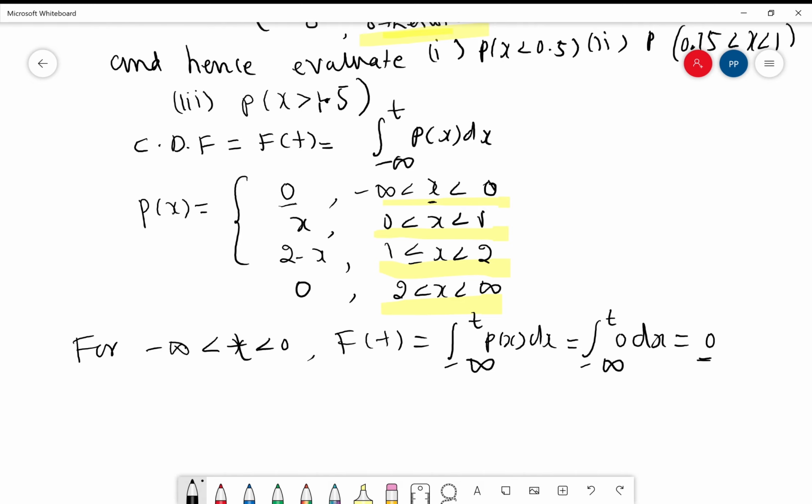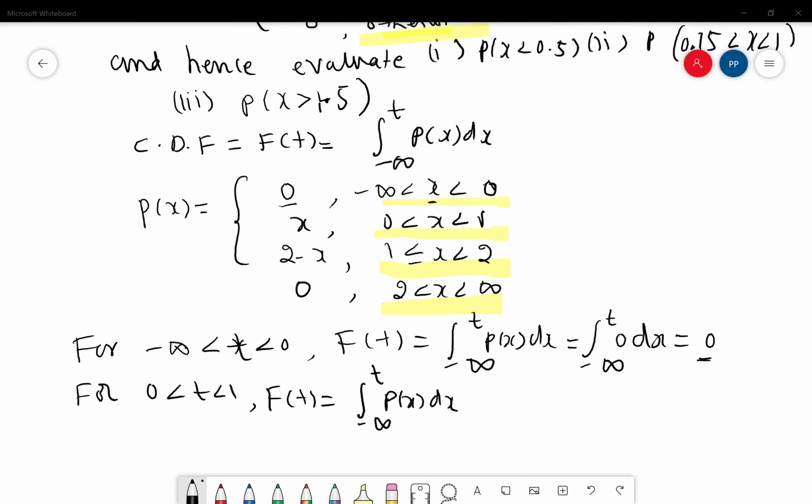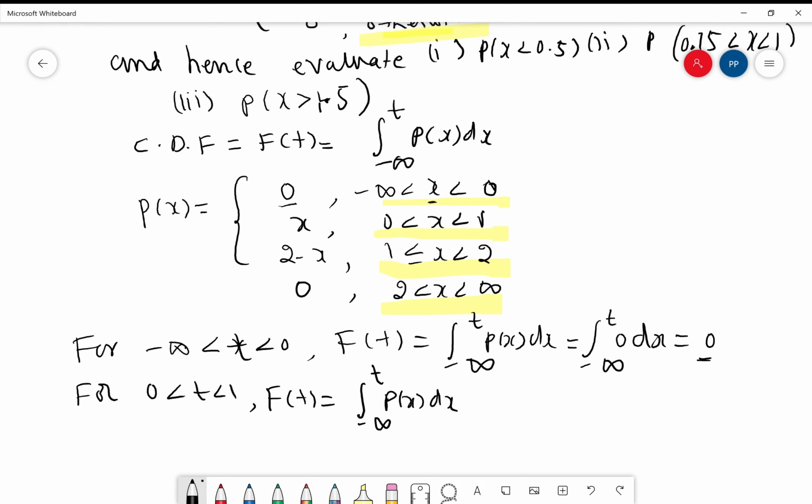Now next, for 0 less than t less than 1, f of t equals integral minus infinity to t of p of x dx. Now t is in this interval.